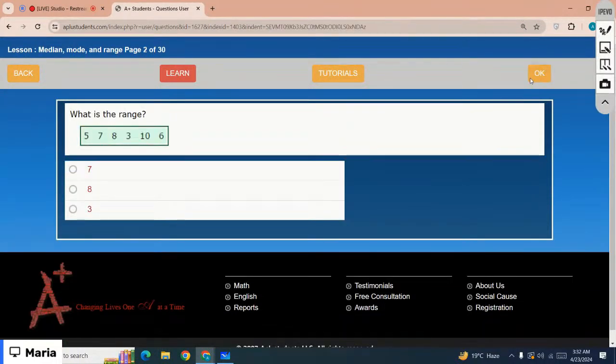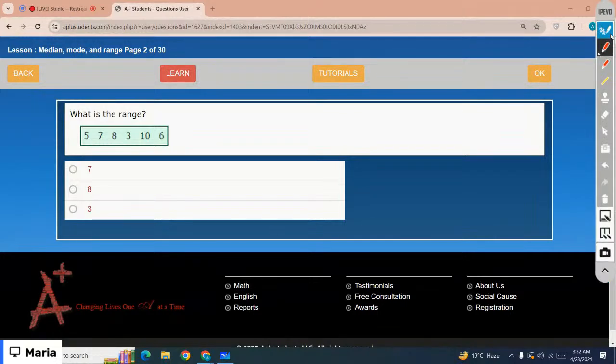What is the range? Range is the difference between the least and the greatest number in the given data. The greatest number here is 10, right? The least number is 3.